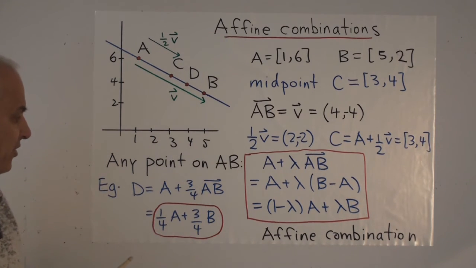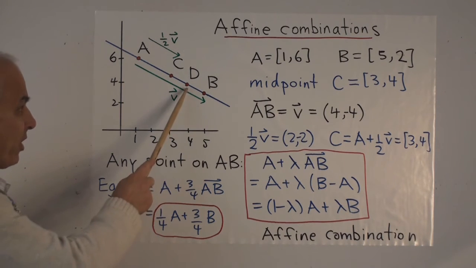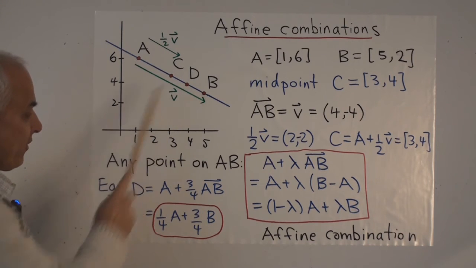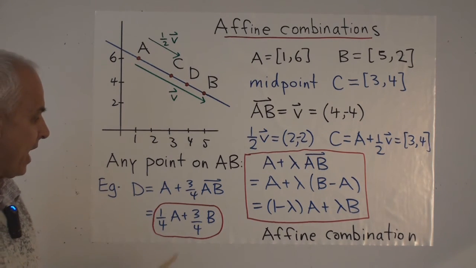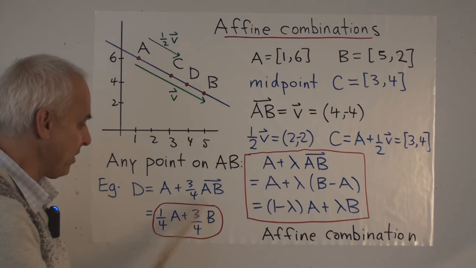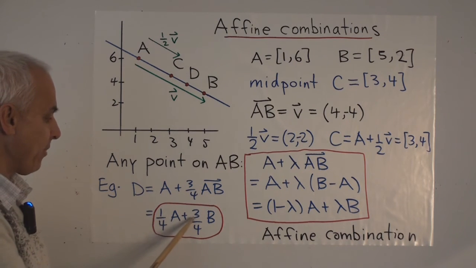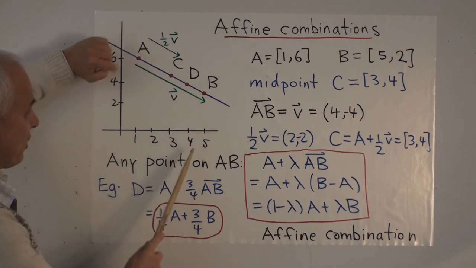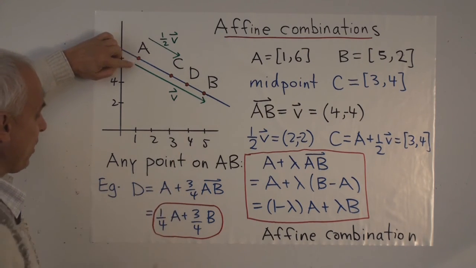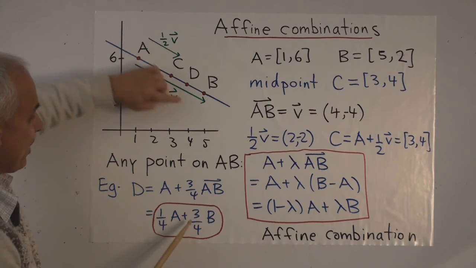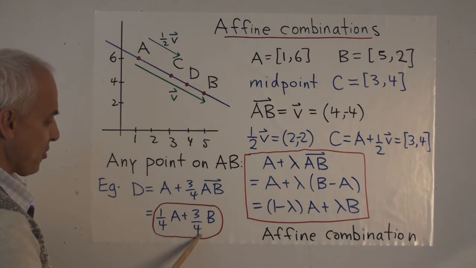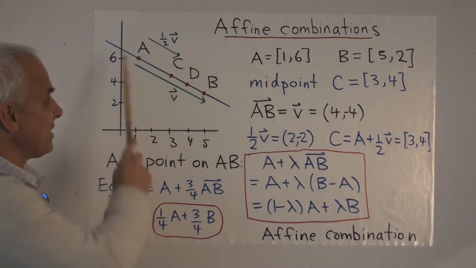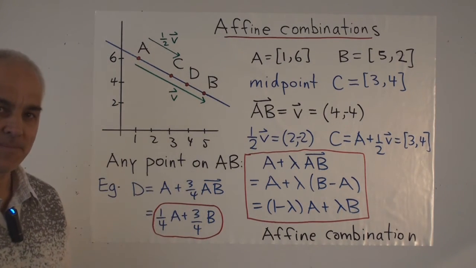But we can also consider other combinations. For example, this point D is A plus 3/4 of the vector v. And so when we write it in terms of A and B, we get 1/4 A plus 3/4 B, meaning that intuitively it's a weighting of the points A and B, 1/4 weighting to A, 3/4 weighting to B, and since 3/4 is bigger than 1/4, we get something that's closer to B, but still on the line AB.